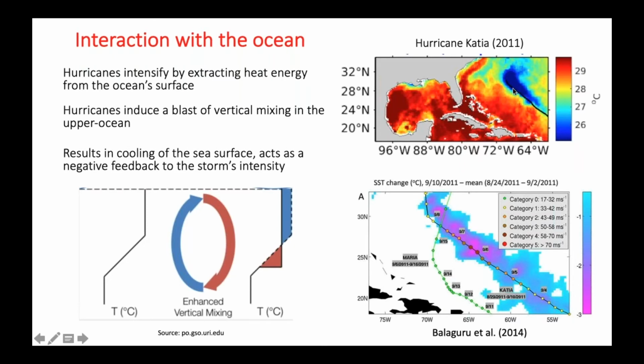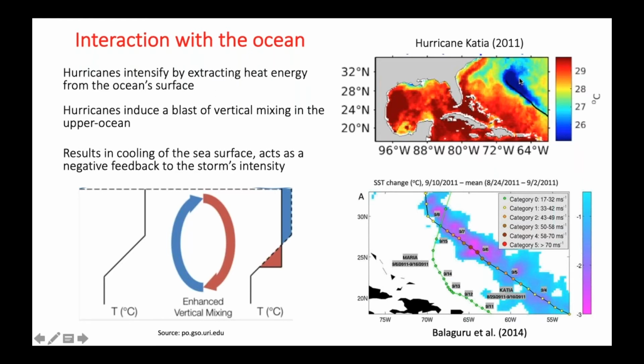So in the northern hemisphere, the cooling is asymmetric, and it is stronger on the right-hand side, because the winds of the storm are in resonance with inertial currents at the surface. So that is why on the right-hand side, there's stronger cooling. But anyway, the point is there is a strong sea surface cooling at the surface.